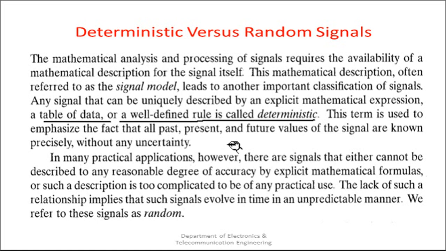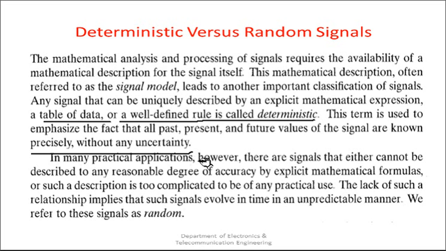Meaning if the signal is bounded with respect to the mathematical model, it is deterministic. This term is used to emphasize the fact that all past, present, and future values of the signal are known precisely without any uncertainty. Uncertainty is nothing but the probability of occurrence, in short.